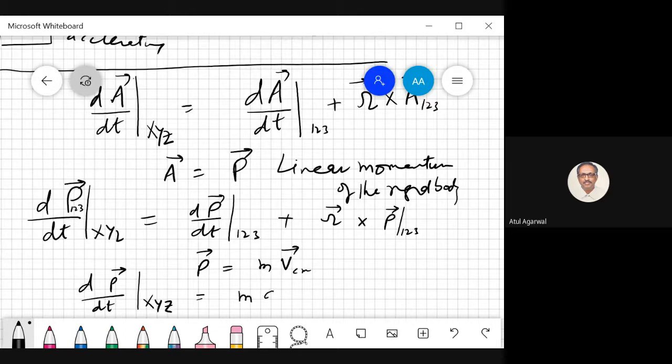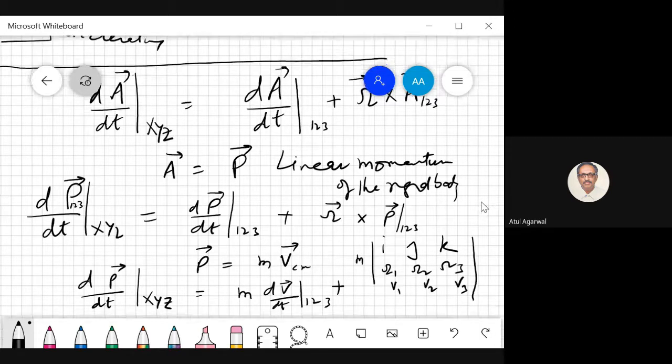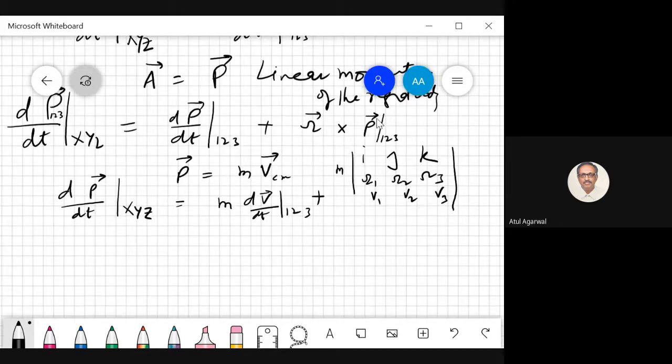You can say m. Now, what is this omega? If you write that vector product, omega 1, omega 2, omega 3, and V1, V2, V3. Can you do it like this? I have written the momentum of the particle with respect to the 1, 2, 3 system.